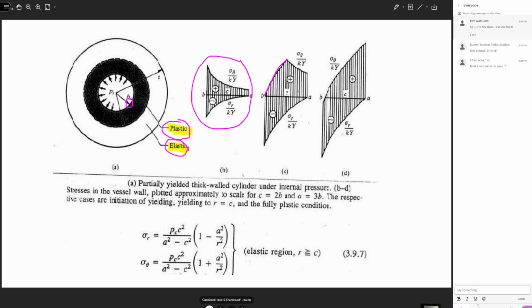This is how the elastic limit behaves. The radial stress just gradually decreases.